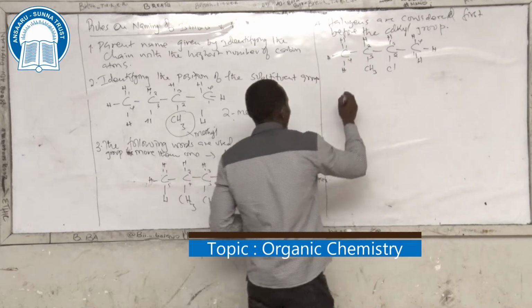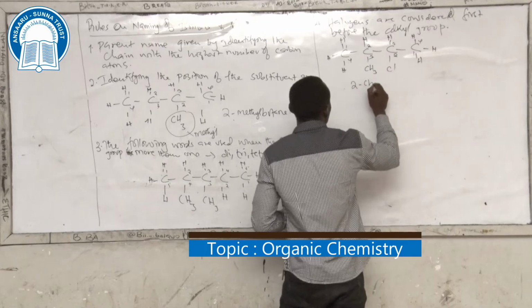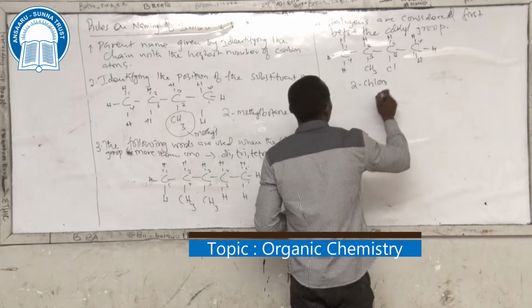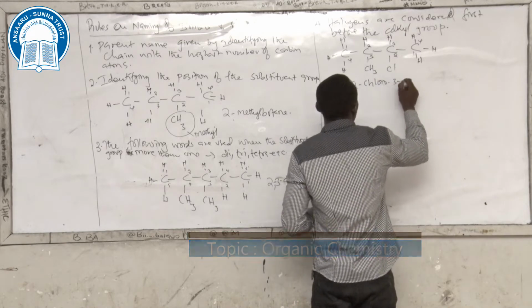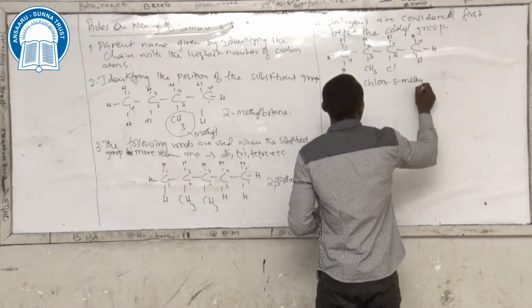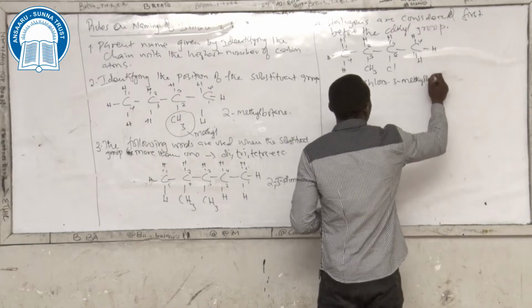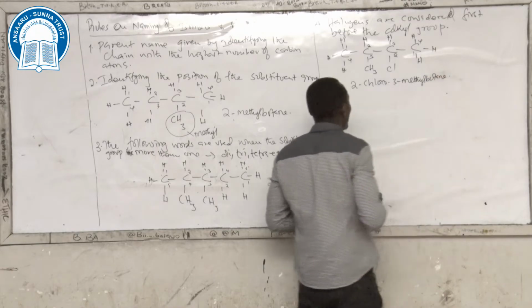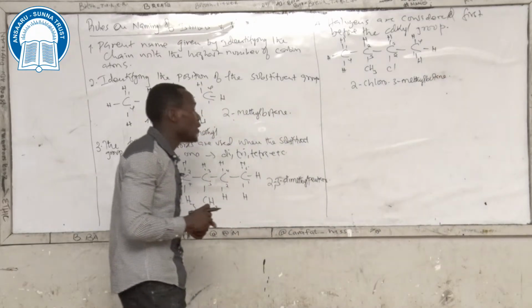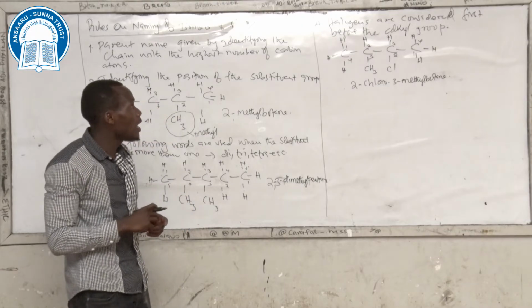Therefore, it is named as 2-chloro, 3-methyl, the longest chain with 4 carbon atoms, butane. 2-chloro-3-methylbutane.